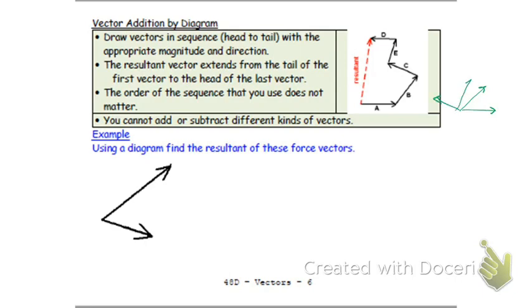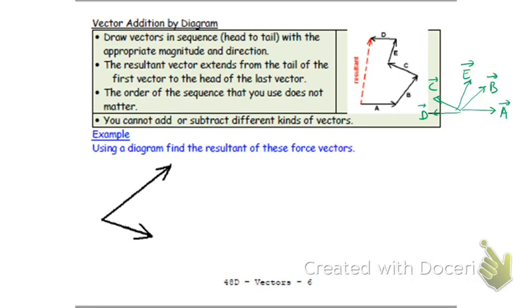That's going to be journey A, journey B, journey C, journey D, and journey E. So I might draw them not end to end, because the skill is, can you draw them end to end? So I might represent them to you like that. Each one has a magnitude and a direction. And then your job is to add them up. In adding, it doesn't matter what the order is.